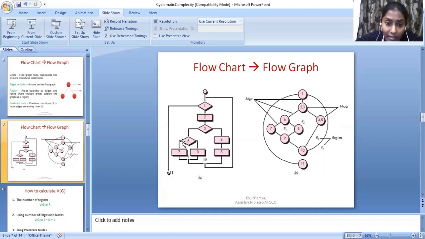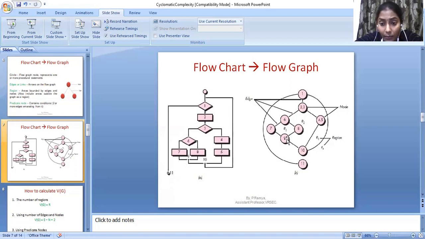Coming to the left hand side, 6 is again a predicate node, so it has to go to either 7 or 8. But 8 and 9 are joined or merged together to form 9, a similar thing to before. Then 9 is connected to 10, and 5 is also connected to 10.